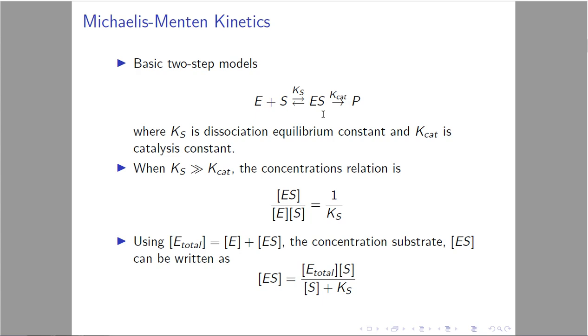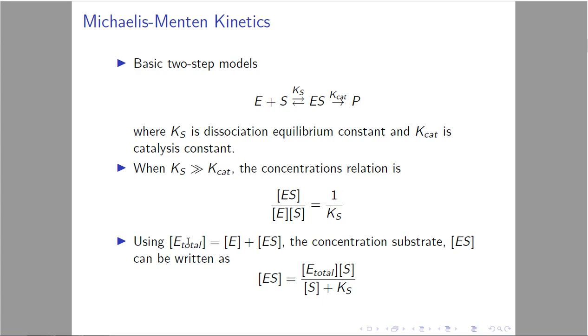If Ks is greater than Kcat, then E plus S becomes ES, and then ES becomes E plus S again, and will not produce P. The concentration equilibrium is ES over E times S over Ks.